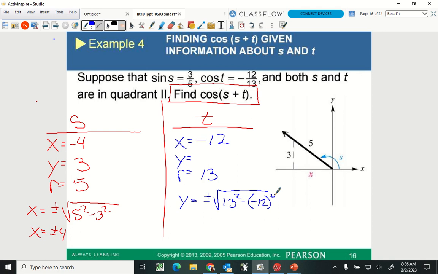So 13 squared is 169, minus 144 is 25. Square root of 25 is 5, so y is plus or minus 5. But isn't this in quadrant 2? In quadrant 2, the y value has to be positive, so this is a positive 5.